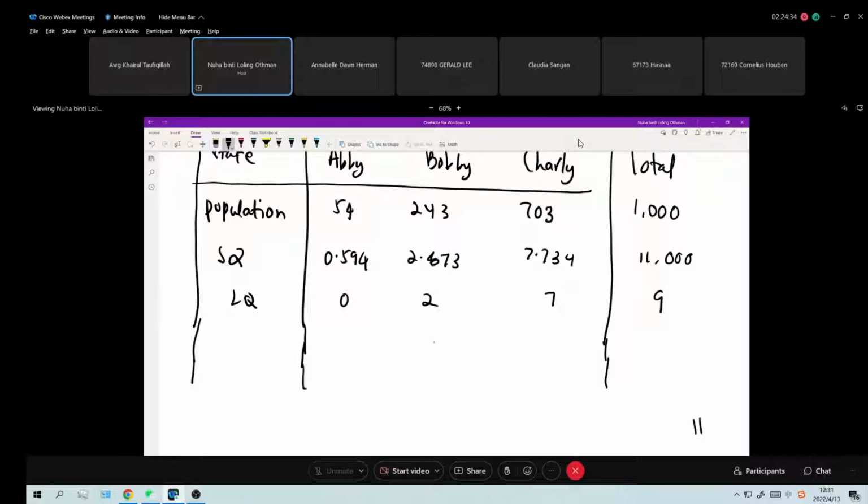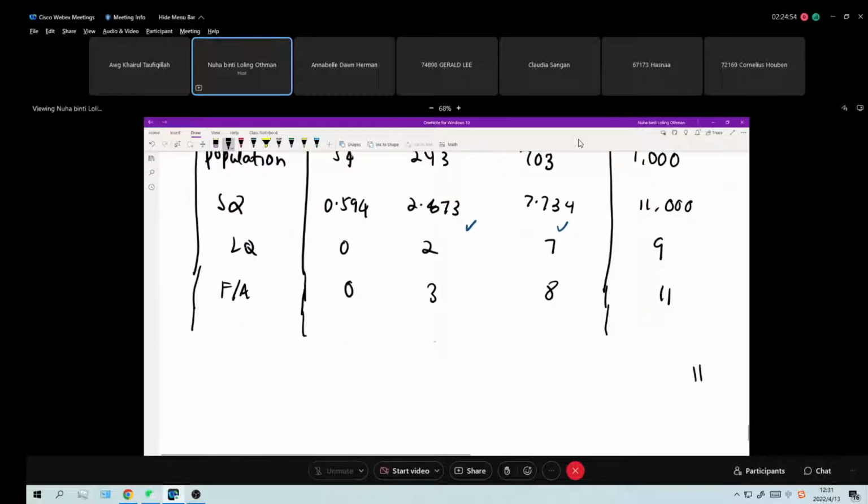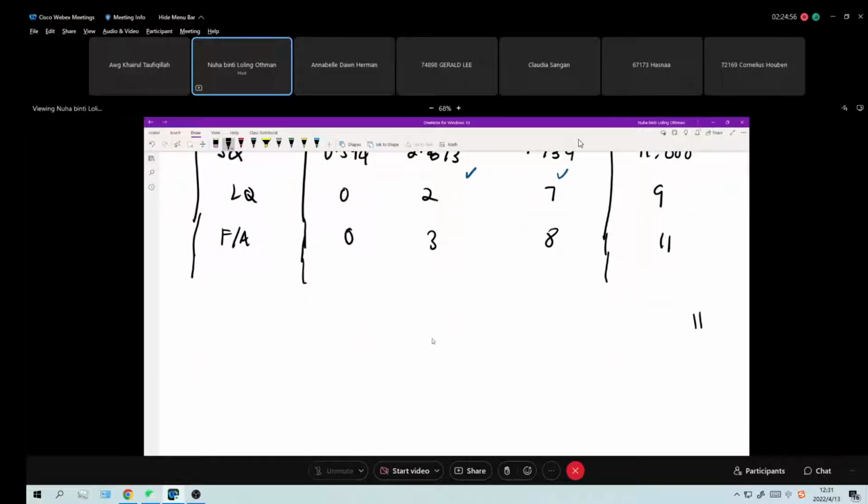Based on the fractional parts, they get the apportionment, or final allocation: 0, 3, 8. That makes 11. So this is the first case without any extra work.